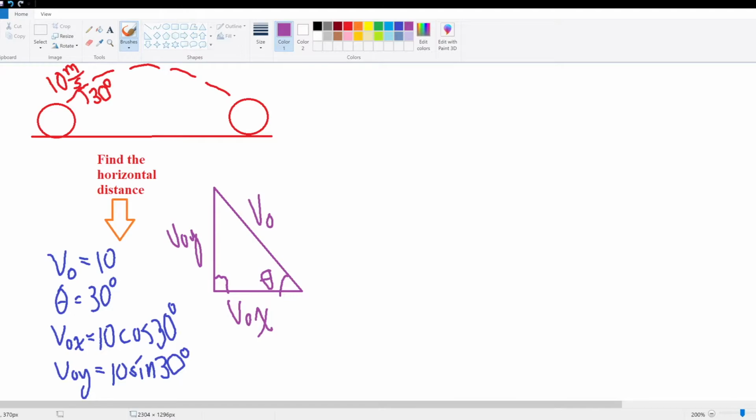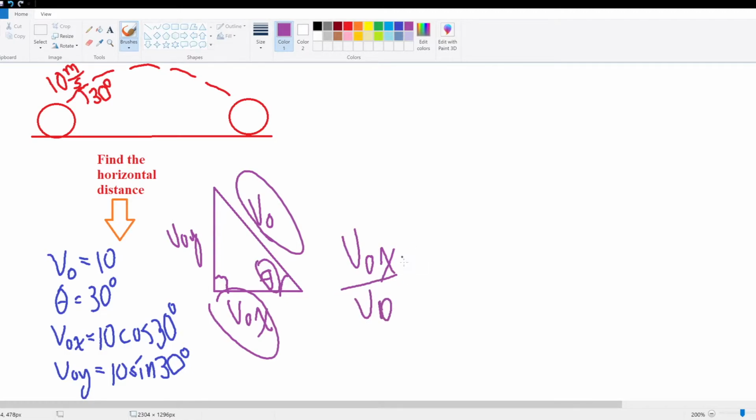Now in physics, this is something you have to learn. Whenever you want to say what V initial x equals, it always equals adjacent over hypotenuse. So our adjacent side relative to theta over hypotenuse. V initial x over V initial is in fact cosine of 30 degrees.